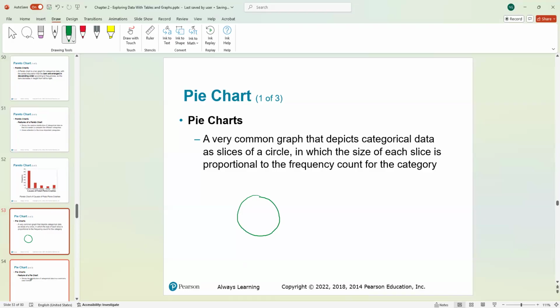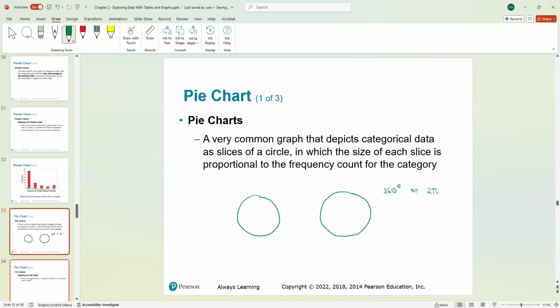In most cases, you will be interpreting a pie chart or constructing one using technology. We're going to do that in a different video. Remember, our goal is to show you how to construct all these graphs from this section in Excel. Remember, in algebra or pre-calculus, you learned that a circle is 360 degrees, or in radians, what would it be? Yes, it would be 2 pi.